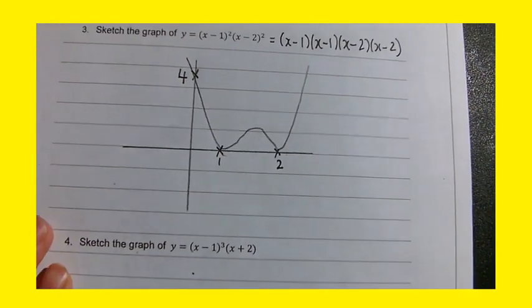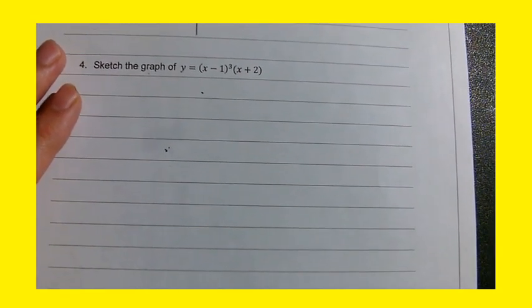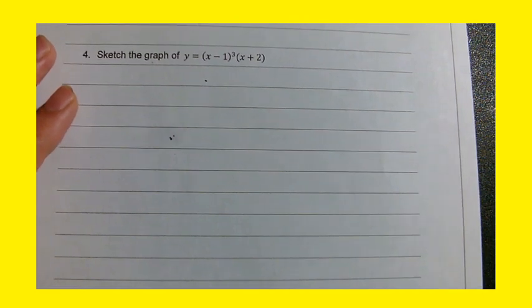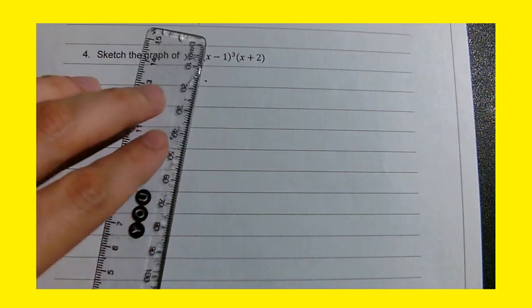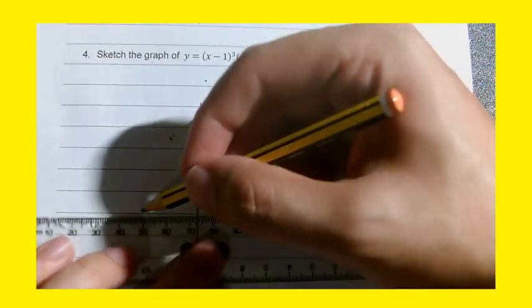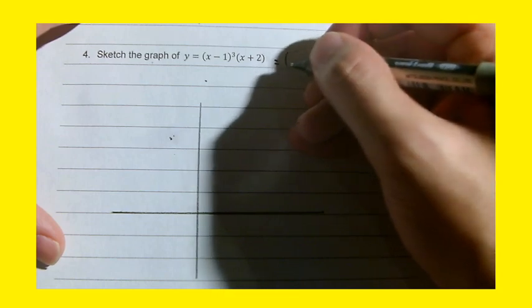And the final one: sketch the graph y equals (x minus 1) cubed times (x plus 2). It's going to be a bit tricky here, but we can still use our skills from the previous video to help us. So it's going to look something like this.